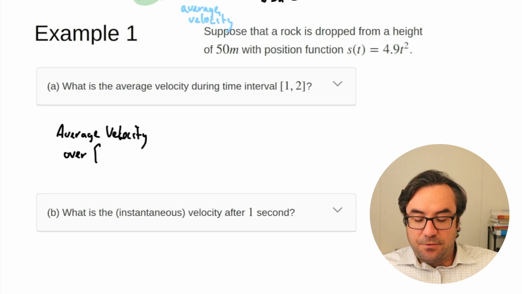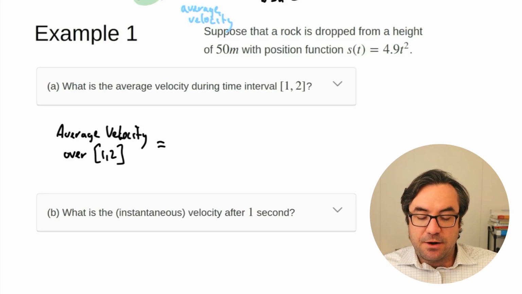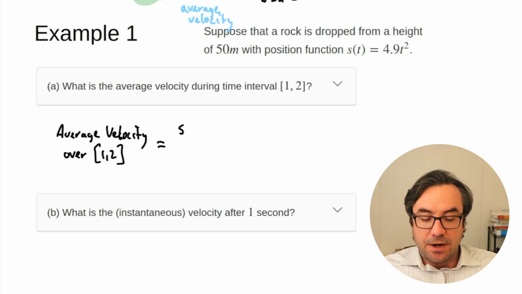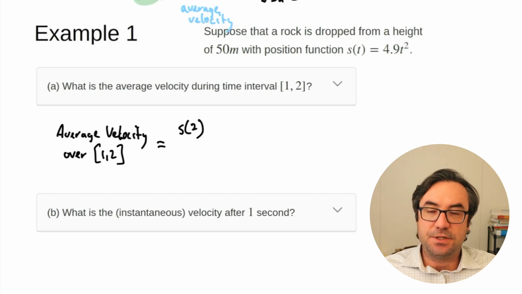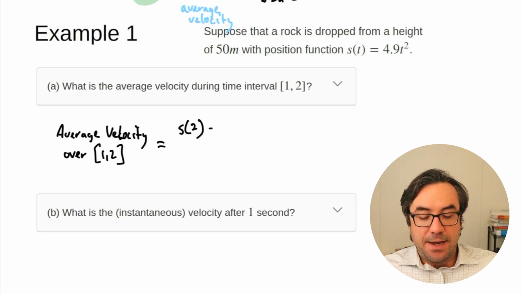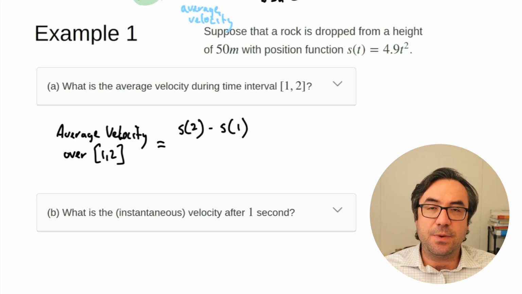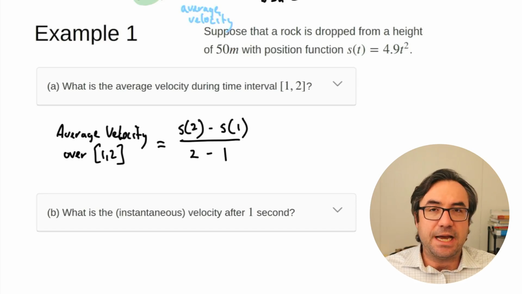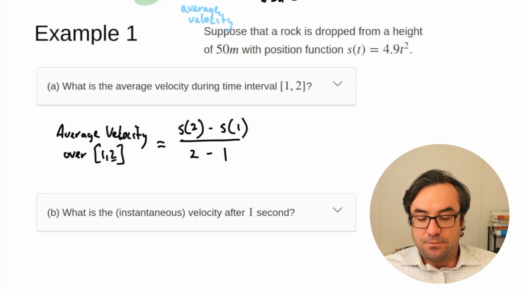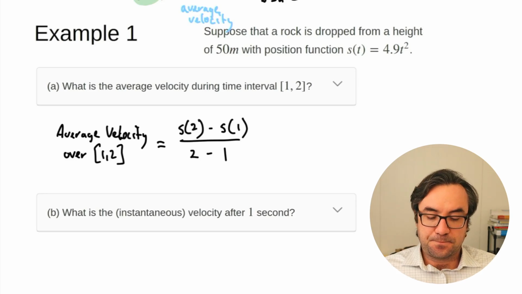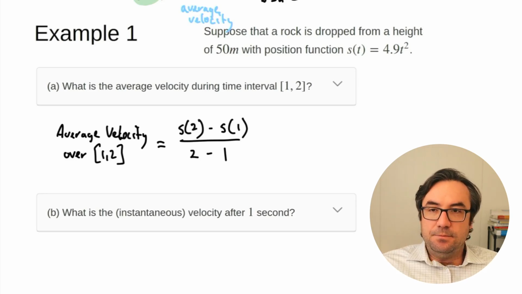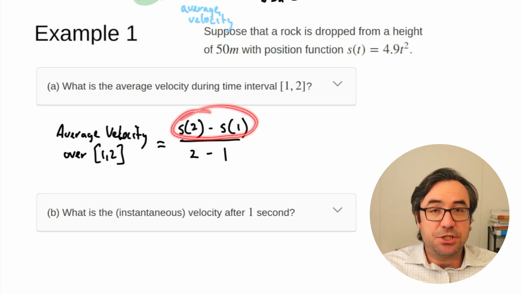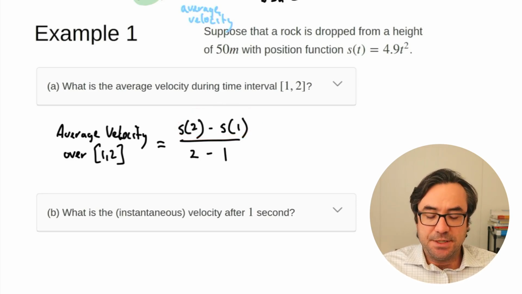Let's write out our formula. So it's the position function evaluated at the ending time, minus the position function evaluated at the starting time, divided by the change in time. So 2 minus 1.